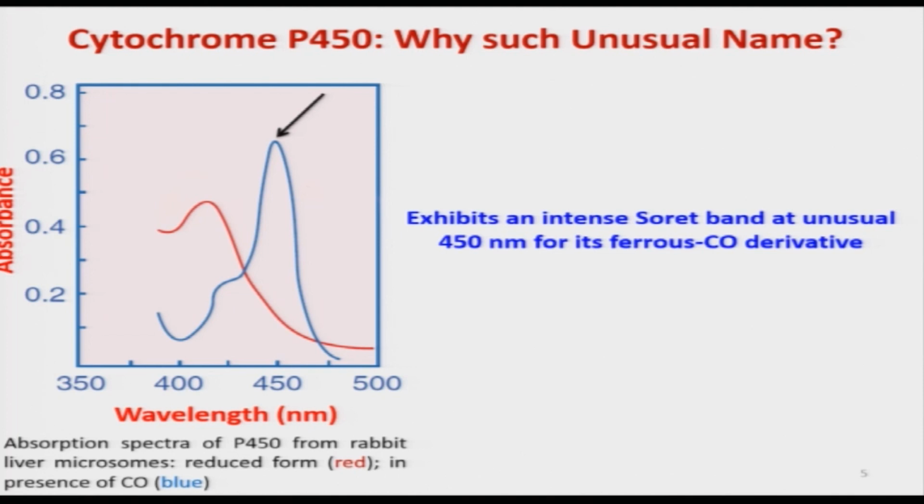Typically, for normal heme centers, this generally comes around 420. So, since it is an unusual position, when it was discovered, it was given a peculiar name, cytochrome P450. P is for pigment. So, this is the way it has been named since it was discovered.